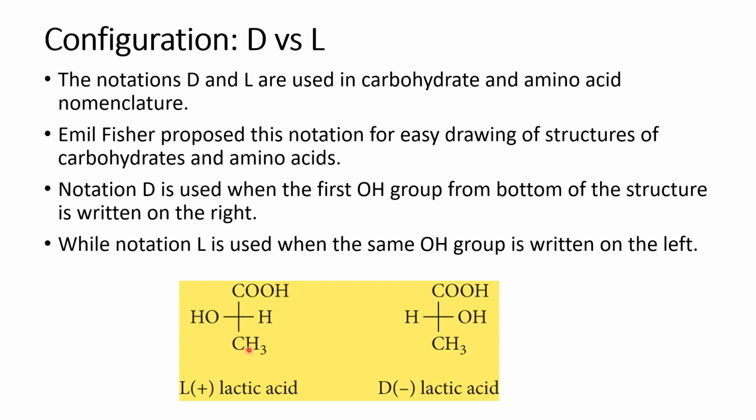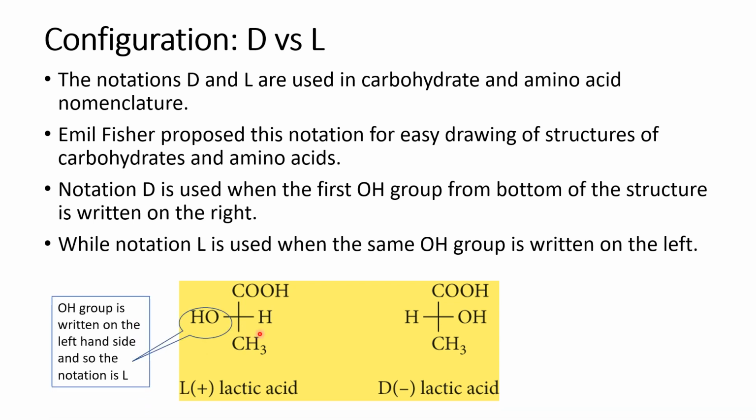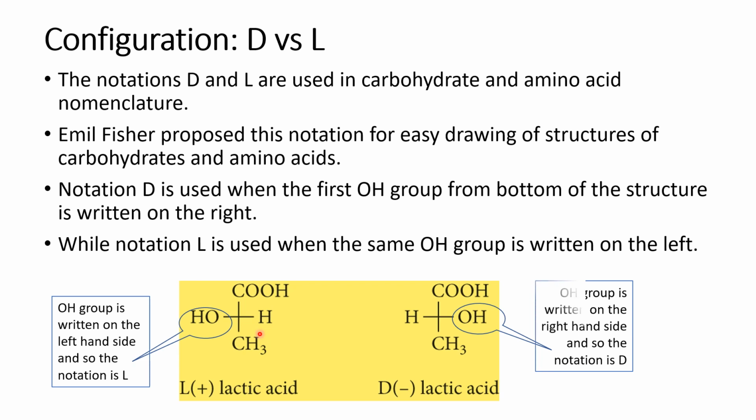So in this case, lactic acid is given the notation L because the OH is on the left. Similarly, on the other side, you see the OH is on the right, and so the lactic acid is given the prefix D.